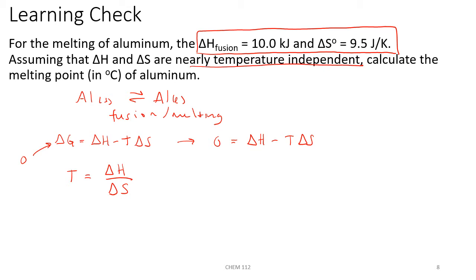So we can substitute them into this equation. We're going to plug in 10 kilojoules for delta H divided by our delta S. But notice our delta S has units of joules per Kelvin, so we're going to need to convert that into kilojoules per Kelvin so that it'll cancel with our delta H. That would be 9.5 times 10 to the negative third kilojoules per Kelvin.